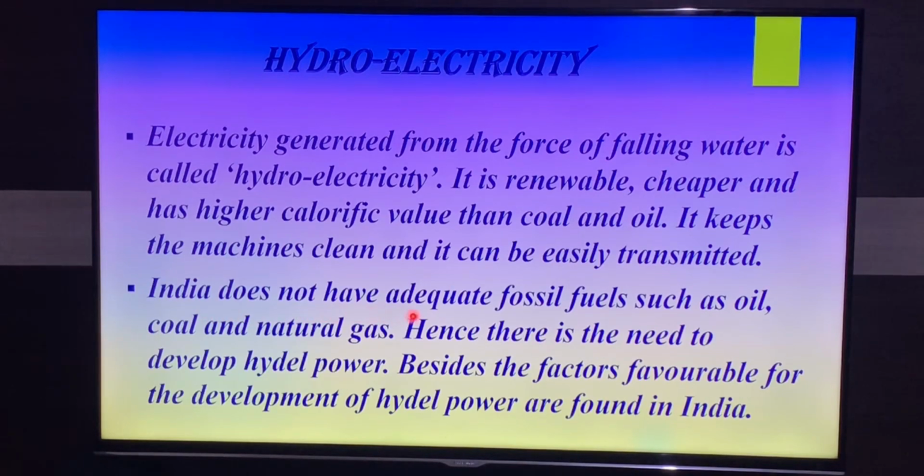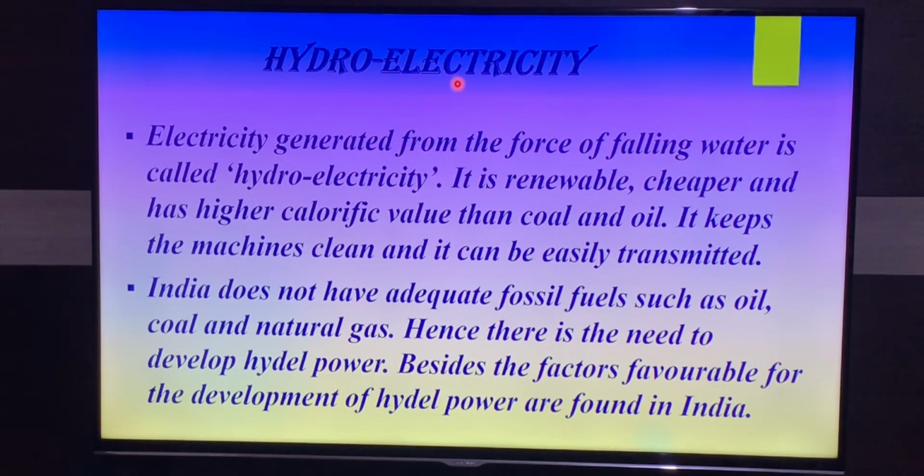India does not have adequate fossil fuels such as oil, coal and natural gas. Hence, there is a need to develop hydropower. Besides, the factors favorable for the development of hydropower are found in India.